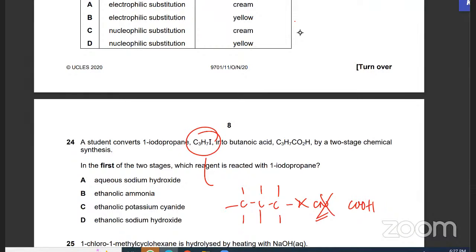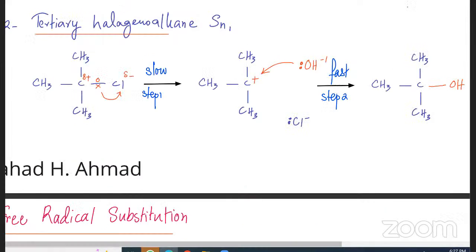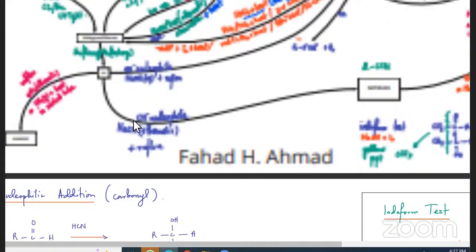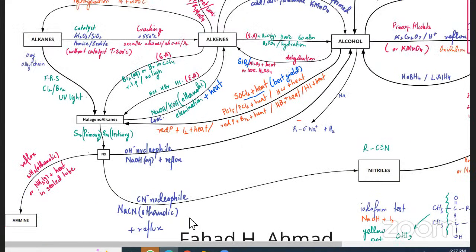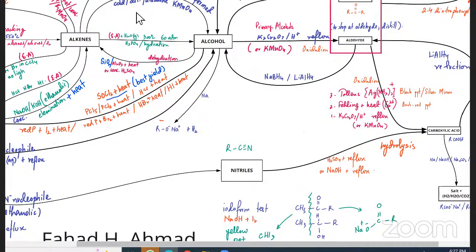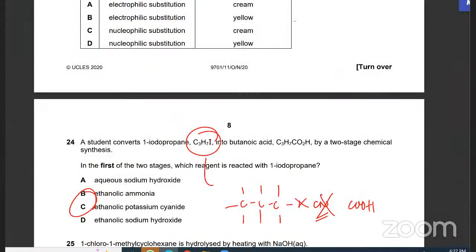So how do you put in a CN? That's ethanolic potassium cyanide or sodium cyanide. So you had a halogenoalkane, you put in a CN in place of the halogen, and then the CN got hydrolyzed to a carboxylic acid. So, clear?